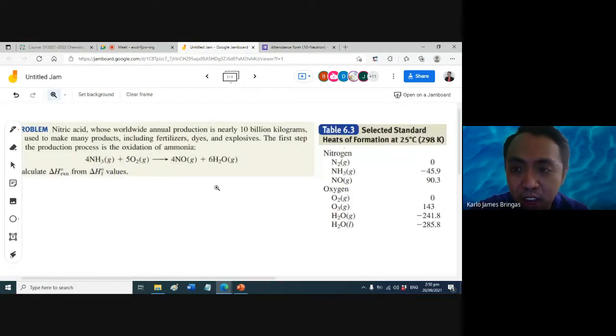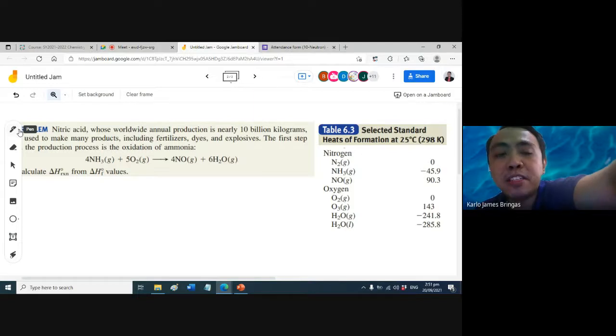So the values are shown on the right. So kindly please use your calculator. So please compute that one for me. Then please dictate ano ba ang ating solution for this one.